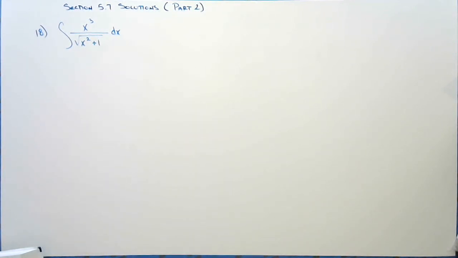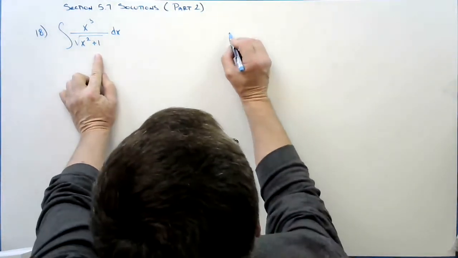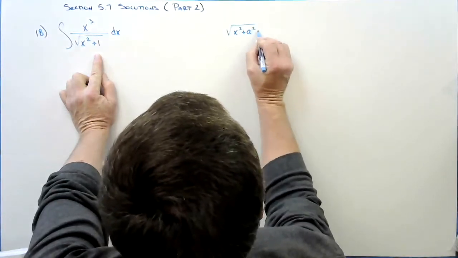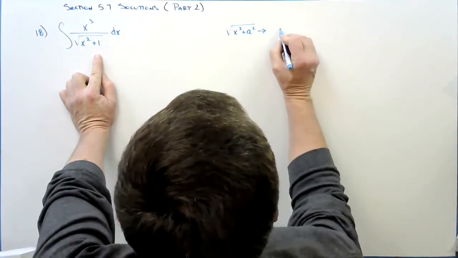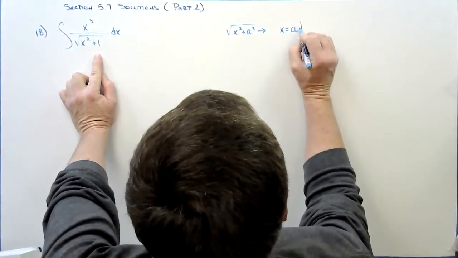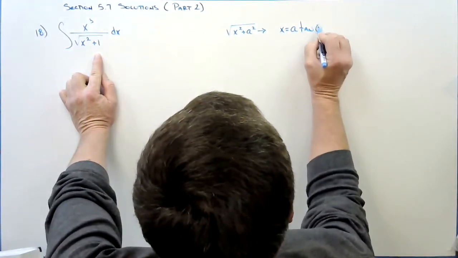So we take a look at this, we see the radical, and we think to ourselves, potential trig sub. We have the square root of x squared plus a squared. That leads us to the substitution of x equals a tangent of theta.